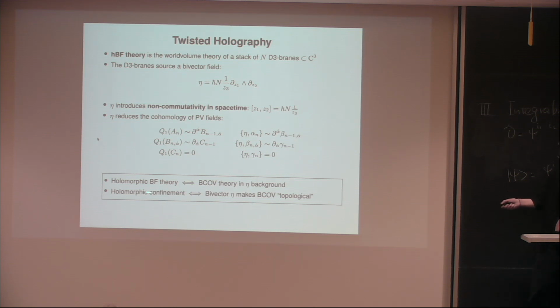And this phenomenon of holomorphic confinement that we observed in the gauge theory, so this was the fact that the derivative of the stress tensor was exact, we can see this holographically as the fact that this bivector background makes the BCOV theory topological. And in particular, we can precisely match the one-loop gauge theory computations with the back reaction of the branes. Okay, thank you.